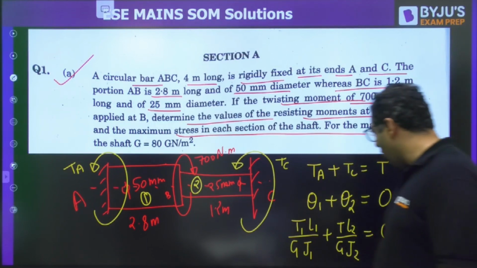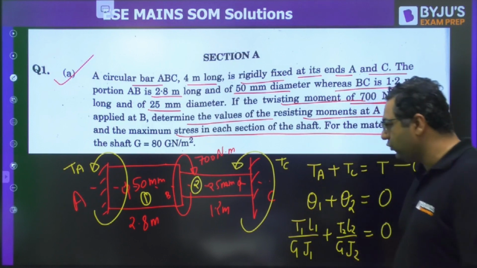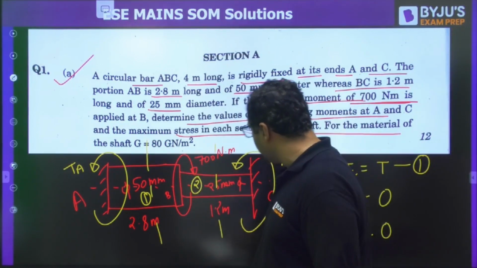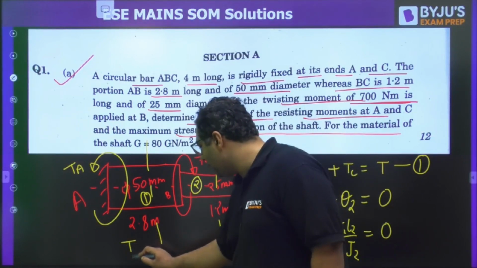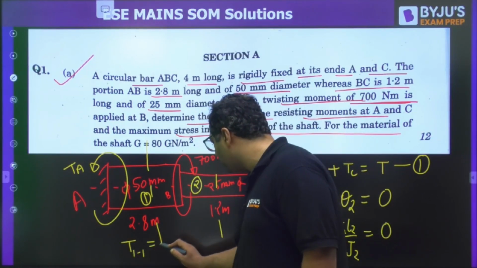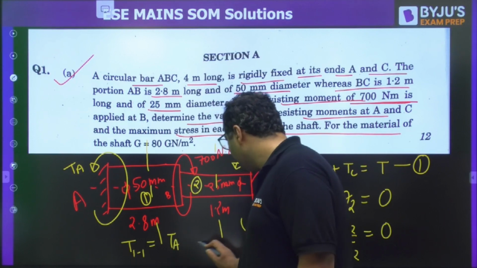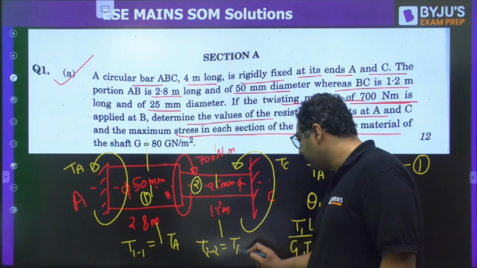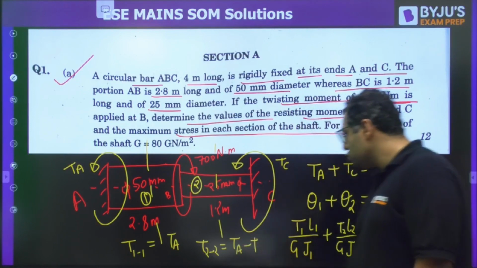So my dear, now when we are talking about T1 and T2, for that we need to apply the method of section. If you take a section here and here, you can write T1 is equal to TA, okay, and T2 is equal to TA minus T. So we are going to use it.